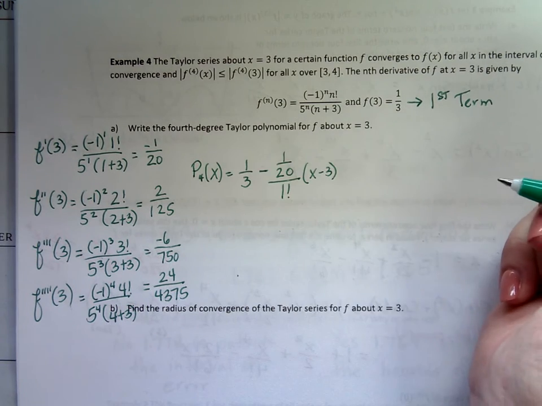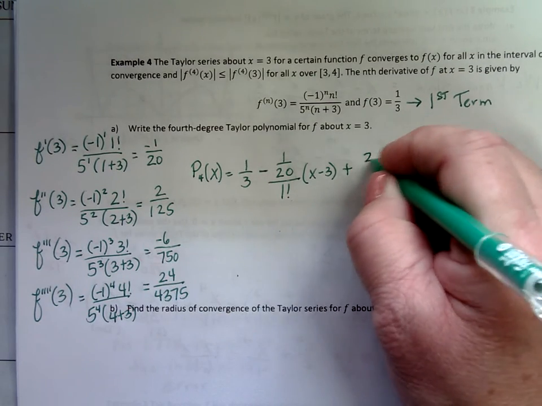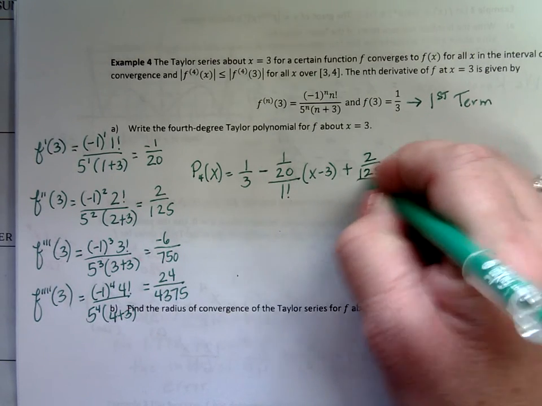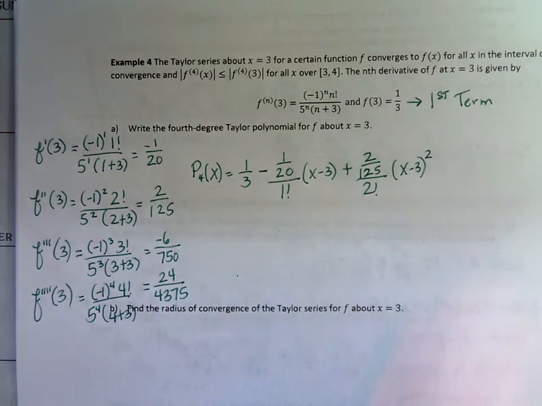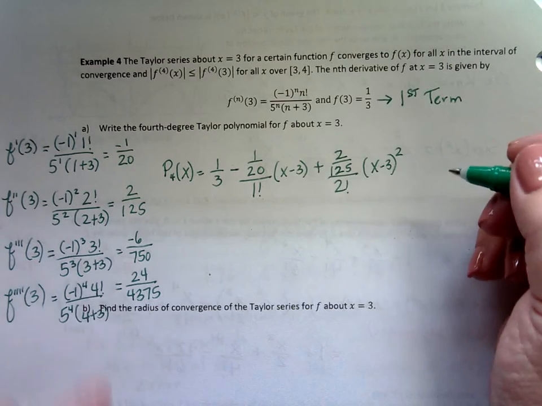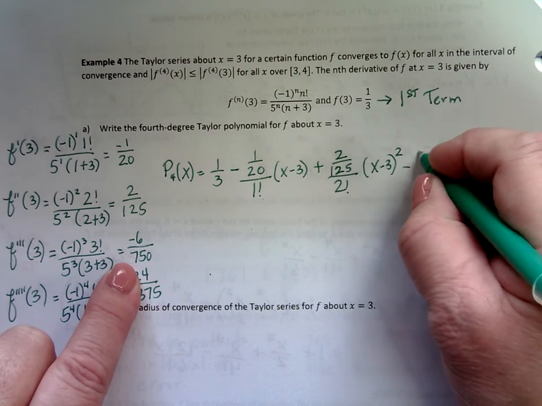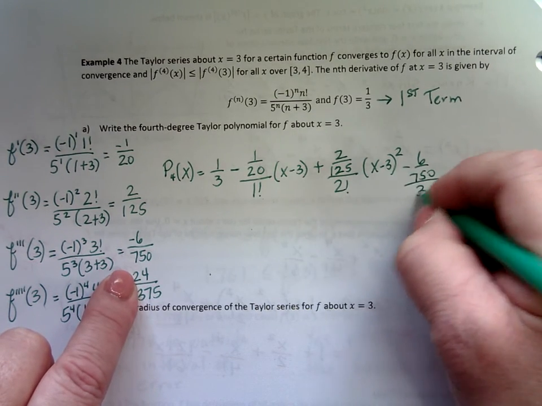Next one is 2 over 125, so plus 2 over 125, but that's with my 2 factorial and a grouping of x minus 3 squared. All right, next one is negative, so minus 6 over 750 over 3 factorial, x minus 3 cubed.